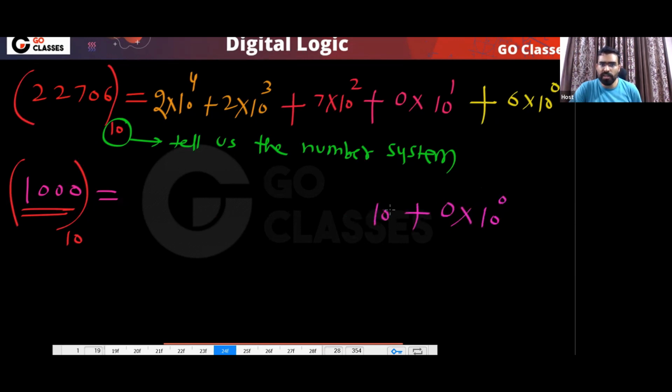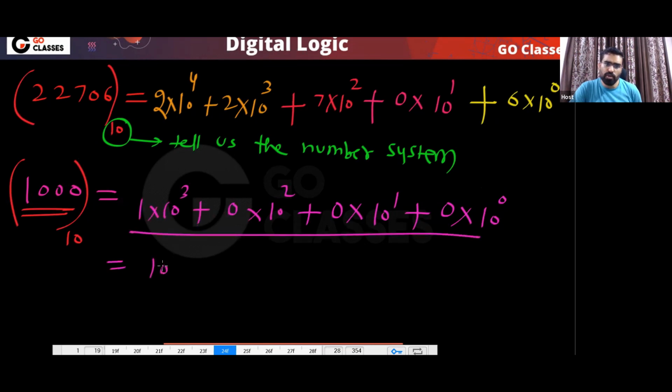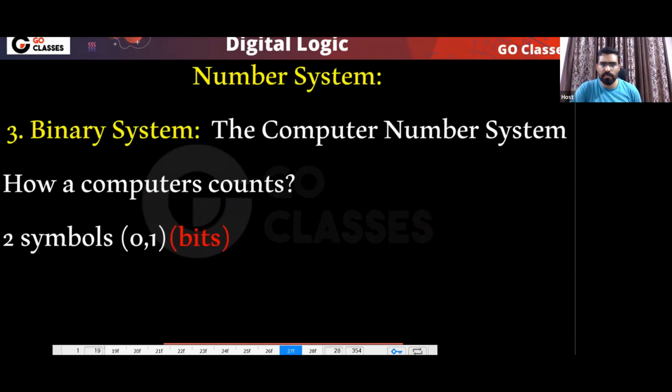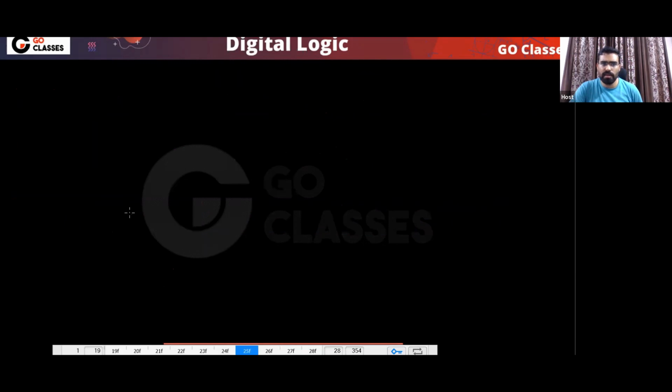How many tens? 0 tens. How many hundreds? 0 hundreds. And how many thousands? 1,000 you have. So if you add all of them, you will get 1000. Similarly, if you add all of them, you will get 22706. So this is your number in the decimal system. Is this clear?